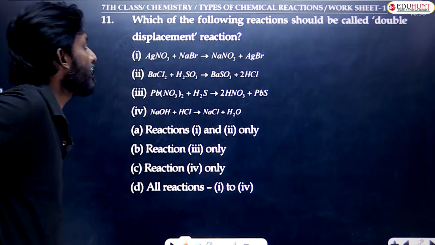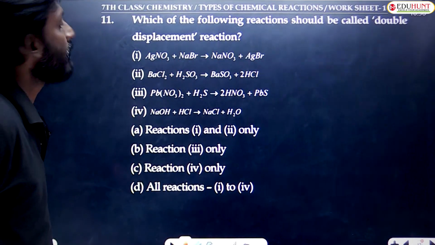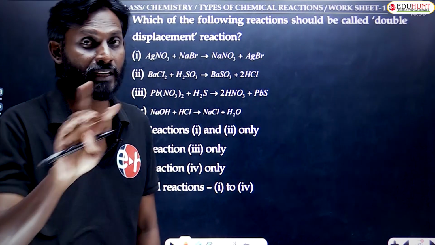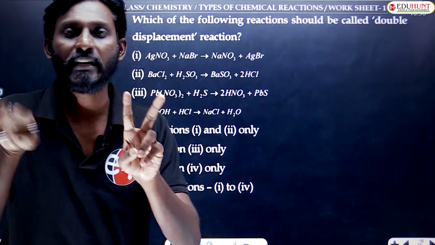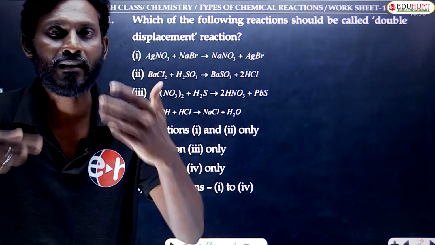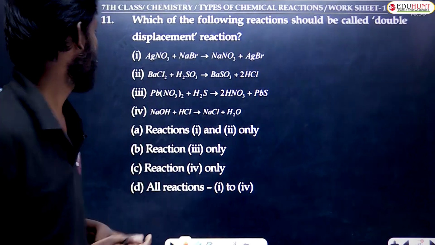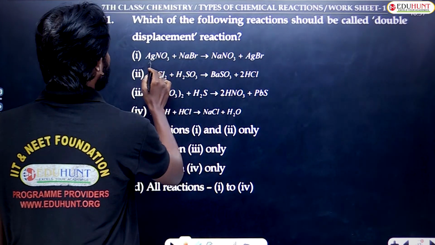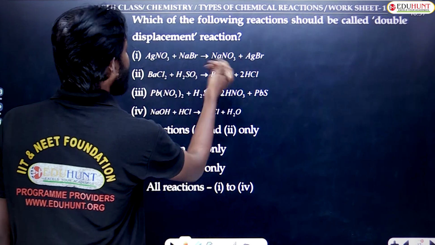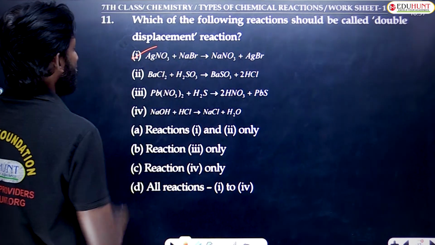Next, which of the following reactions should be called double displacement? Double displacement means there are two compounds which are swapping, interchanging their components. So AgNO3 and NaBr give NaNO3 and HBr. So double displacement.